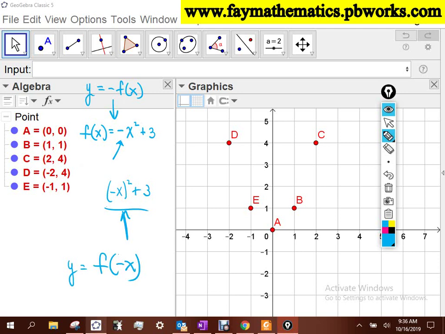So this, let me erase some of this. This here is an x-axis reflection. That is a vertical movement, right?